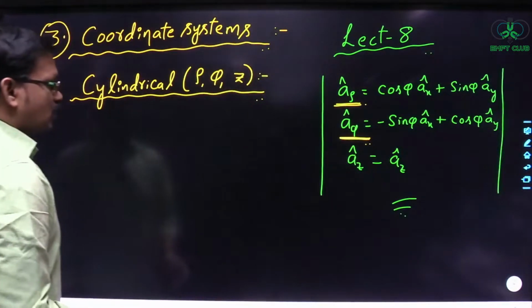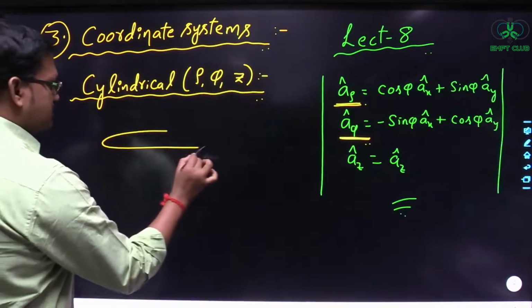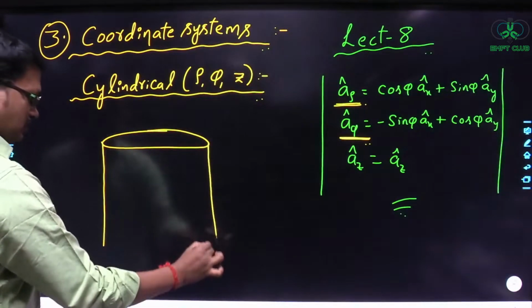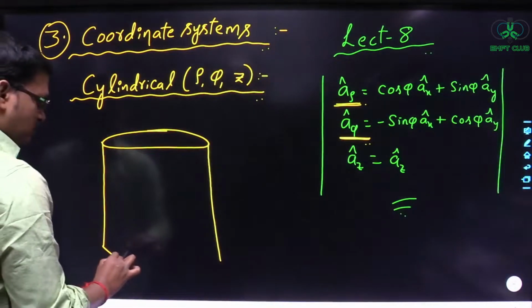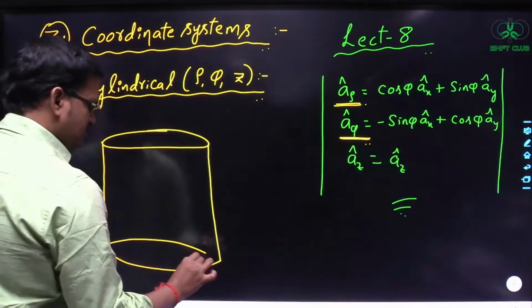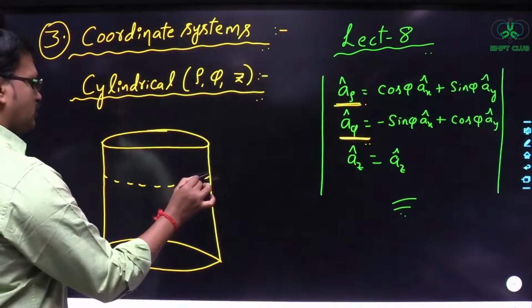Now see here, let us consider a cylinder. I am explaining another method to write a rho cap and a phi cap. This analysis is very, very important.